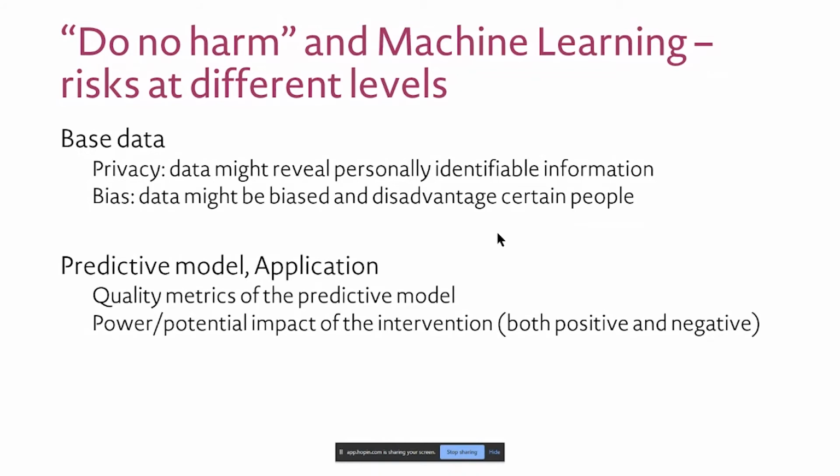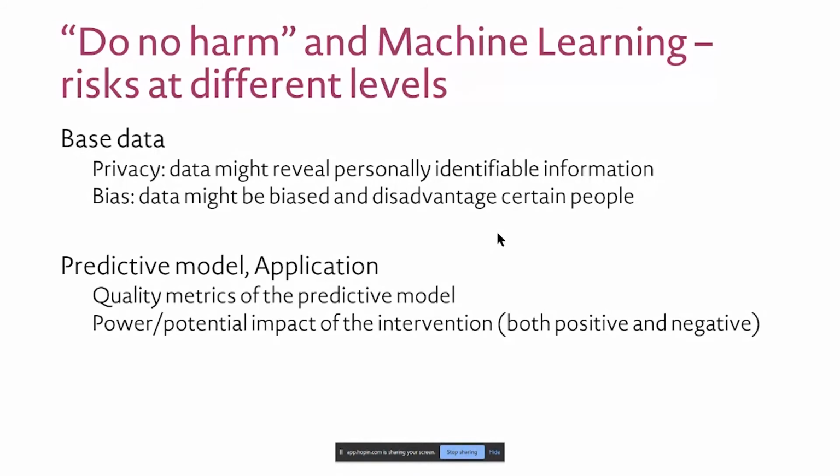And what we are seeing is there are three levels of where we could introduce harm. One level is the data level, and here we have topics like privacy and bias. We could, for example, reveal personally identifiable information and expose clients or pregnant women in this case.